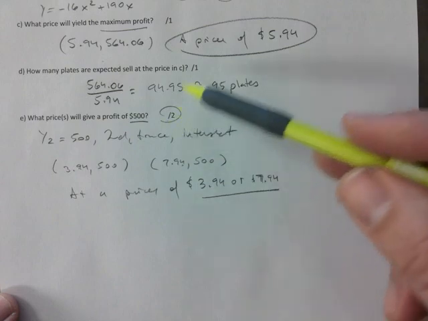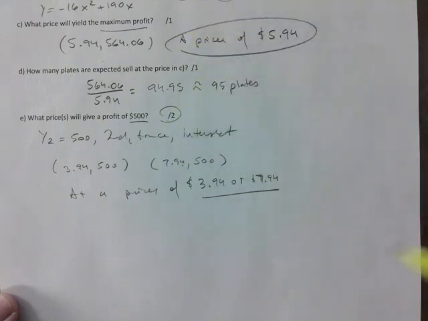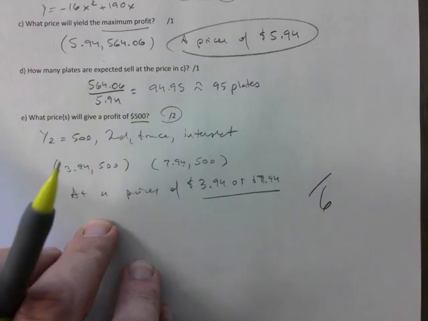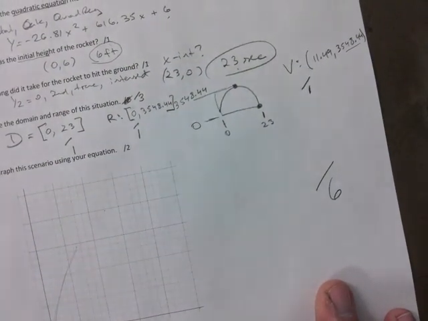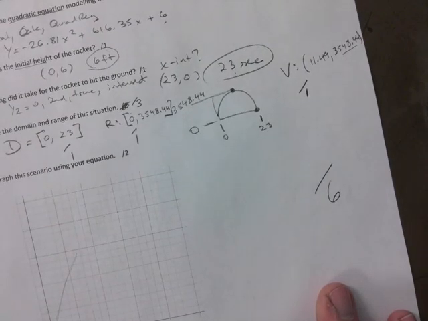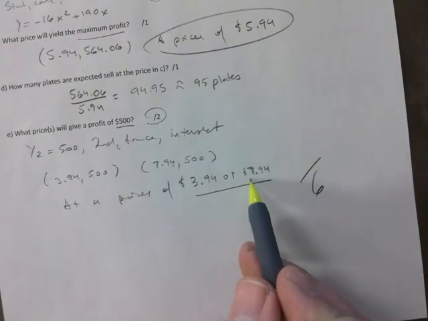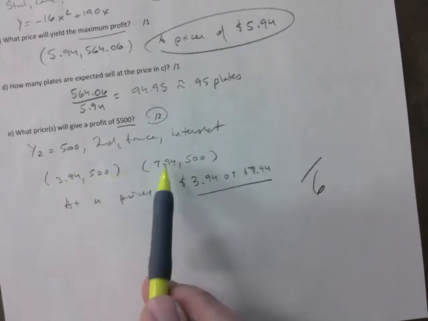Okay, so 2, 3, 4, 5, 6 for this back side. And 6 for the front, so 12. Question? But do you have these numbers separately, or do you have it like this?